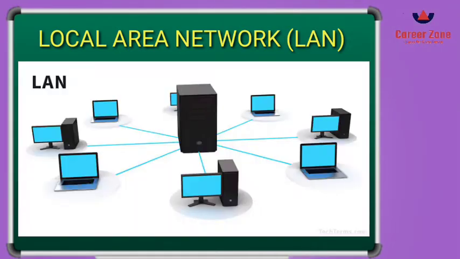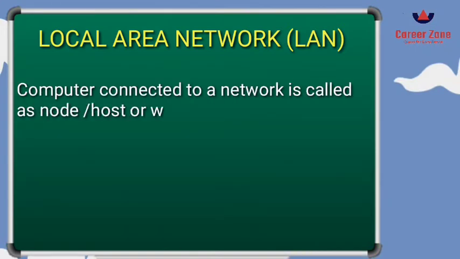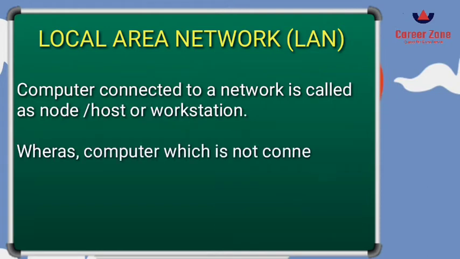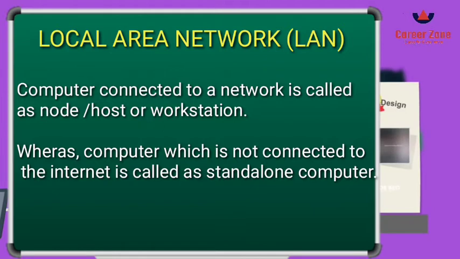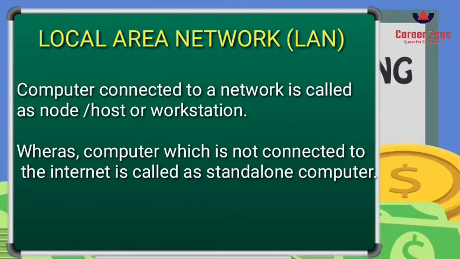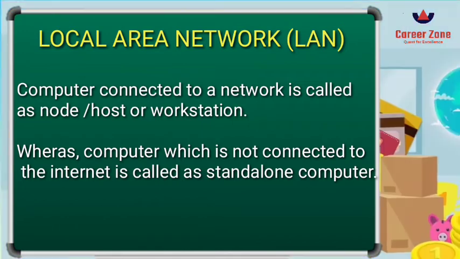You can see the diagram here that in the center there is a server which is providing services to different client computers. The computer which is connected to the network is called a host or node or a workstation, whereas the computer which is not connected to any kind of network, like your personal computer or a laptop, will be called a standalone computer.